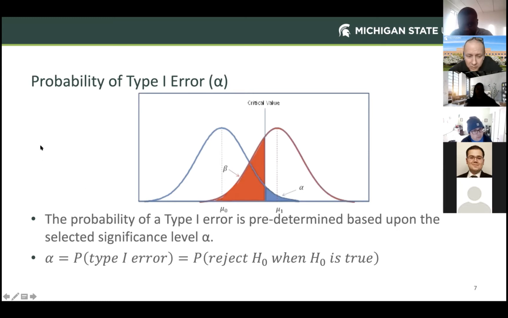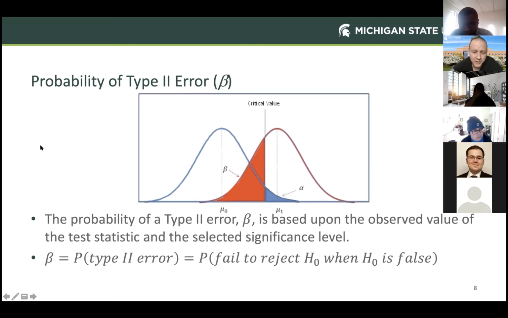Similarly, the probability of a type 2 error occurring would be represented by beta in this figure here. In this case, we're conditioning on the null being false rather than assuming it is true. We're assuming that our alternate hypothesis is representative of the actual population mean, and that it's different from the reference value we're comparing it to.